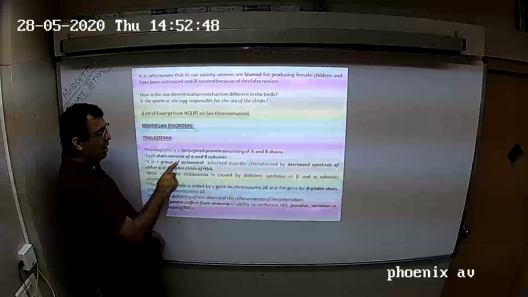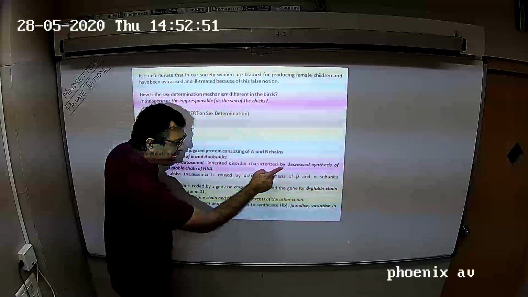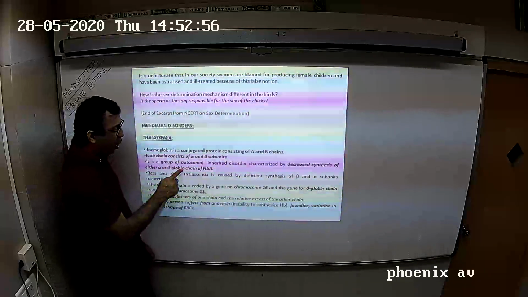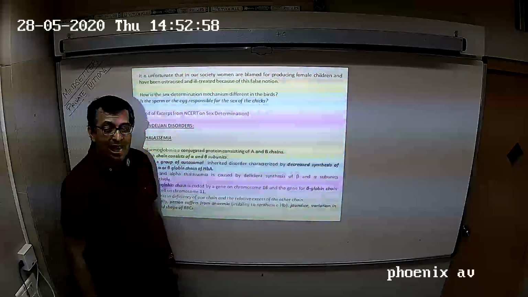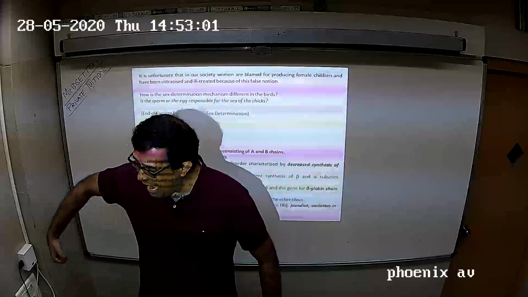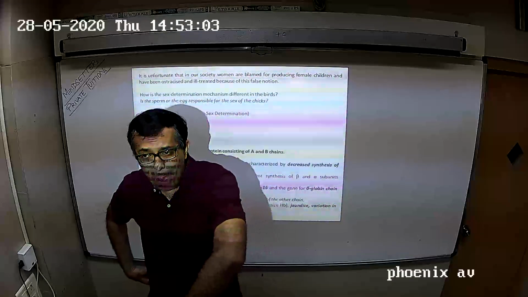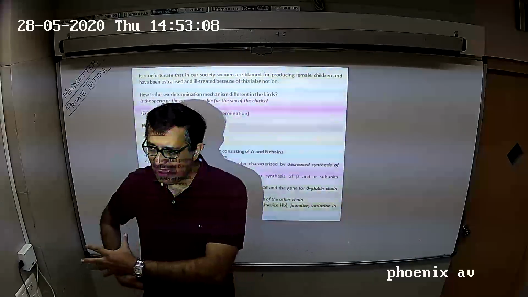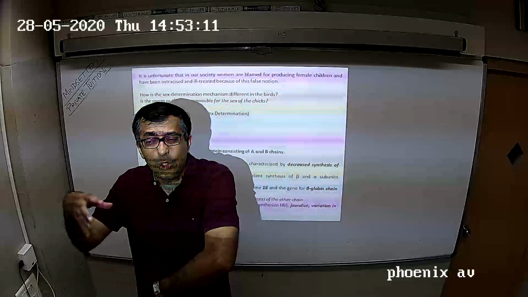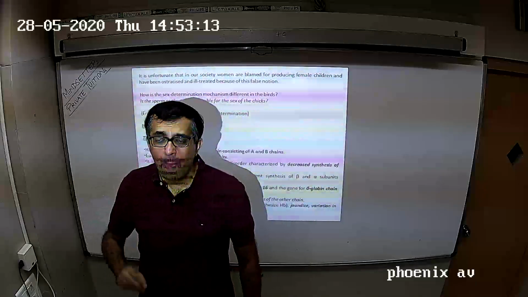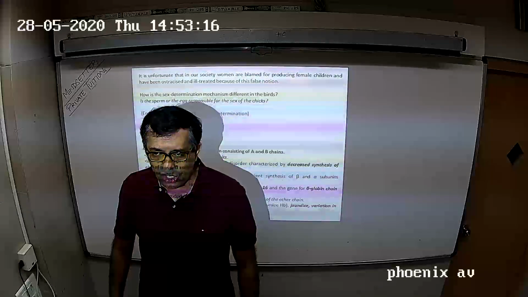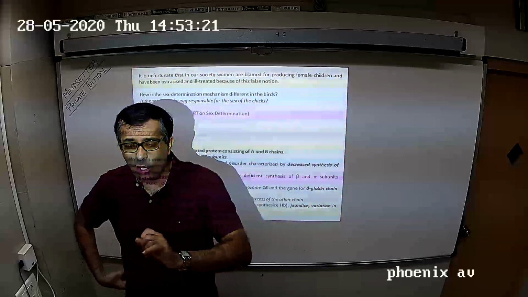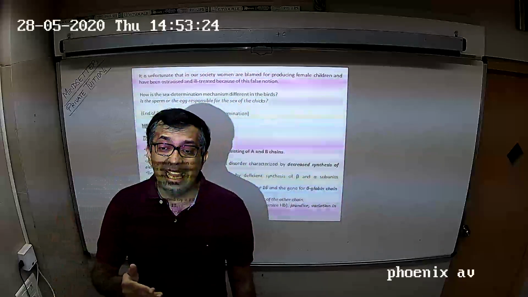And thalassemia is an autosomal inherited disorder characterized by decreased synthesis of either alpha or beta chain of hemoglobin A. So the alpha chain or beta chain of hemoglobin A undergoes a mutation, and that means the alpha chain or beta chain will not bind with oxygen because the gene has undergone a mutation, and mutated genes will form proteins which don't bind with oxygen, and that will result in anemia.